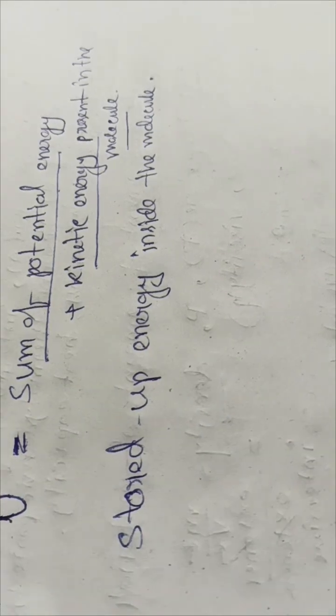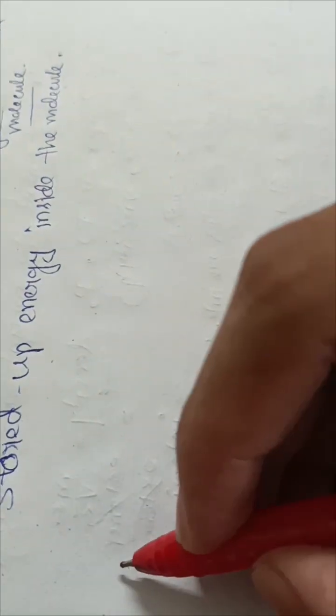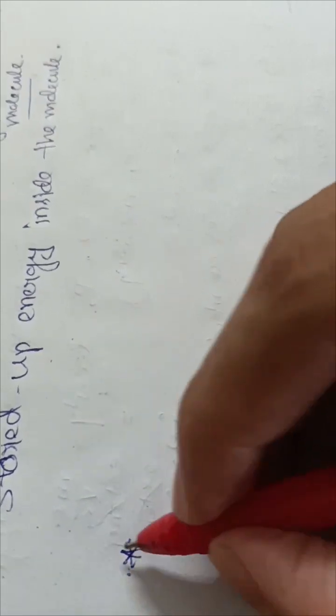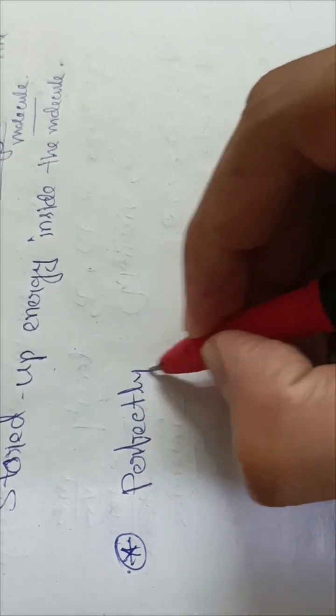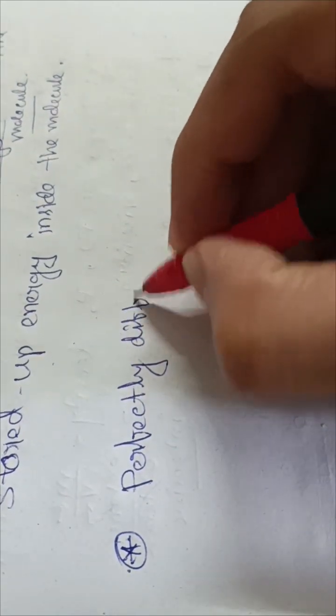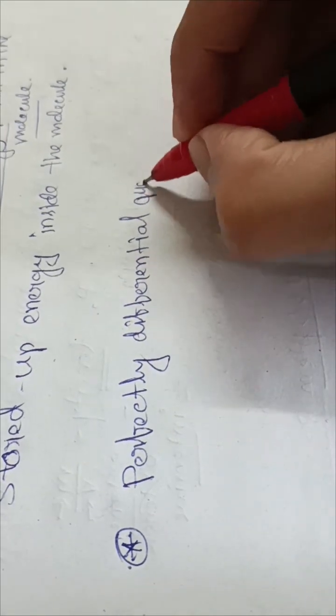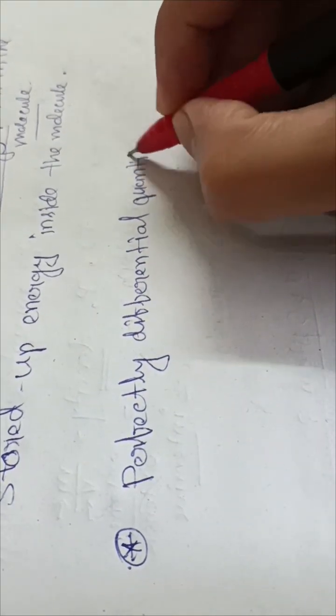Now we have to study a point that is related with thermodynamics, and it is useful to study this chapter. What is this? The perfectly differential quantity.